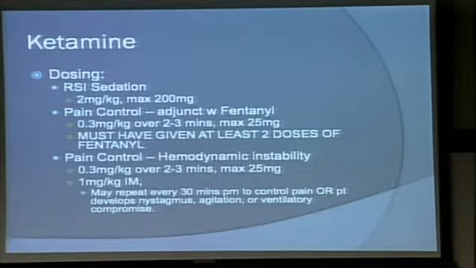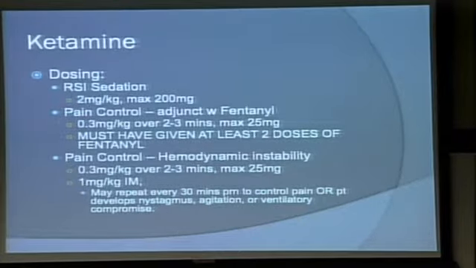So, ketamine dosing, RS sedation, 2 milligrams per kilo, max 200. Pain control as an adjunct with fentanyl, 0.3 milligrams per kilo over 2 to 3 minutes, max of 25. Must have given at least 2 doses of fentanyl.